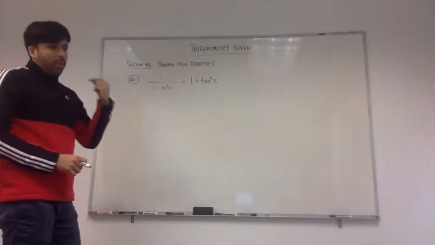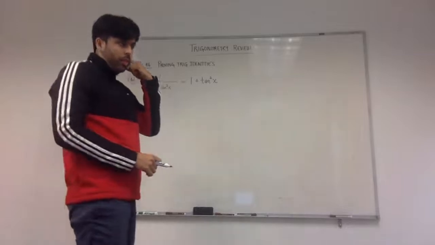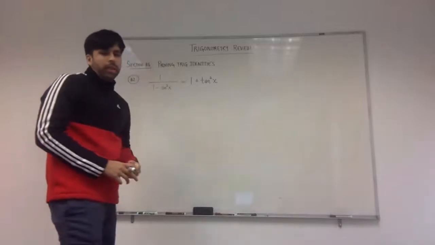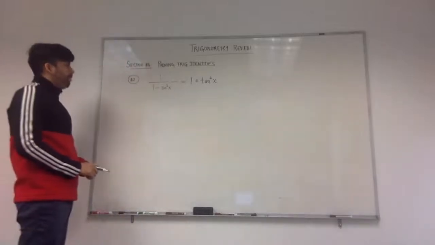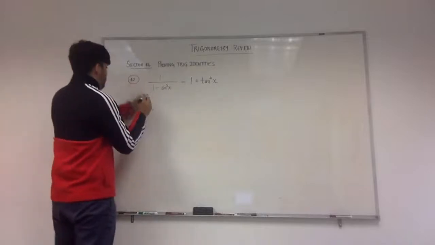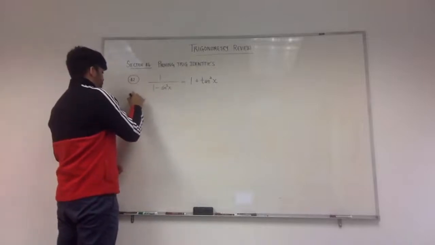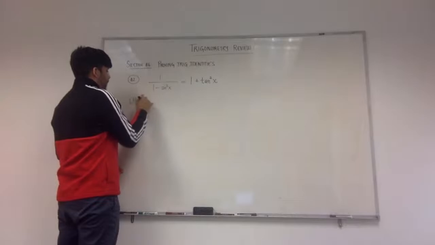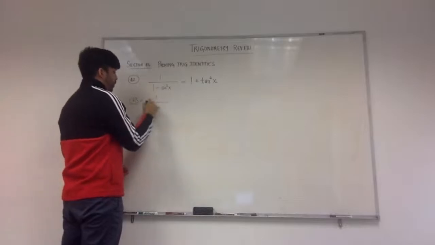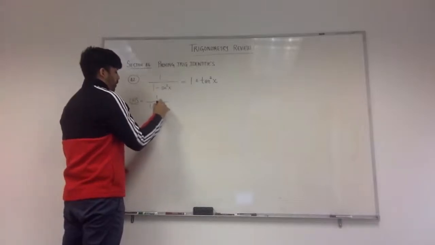So we need to have a couple of trig identities and formulas already stored in our heads. So let's start with the left-hand side. The left-hand side says that it's 1 over 1 minus sine squared x.